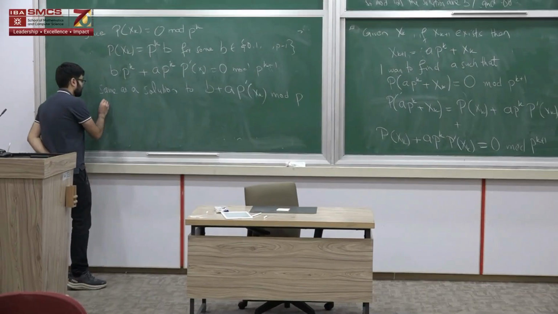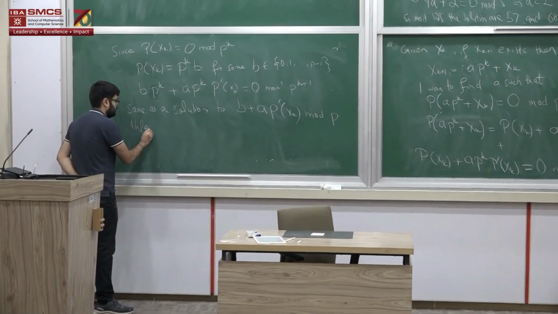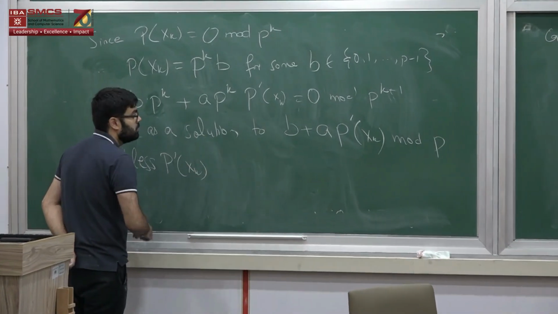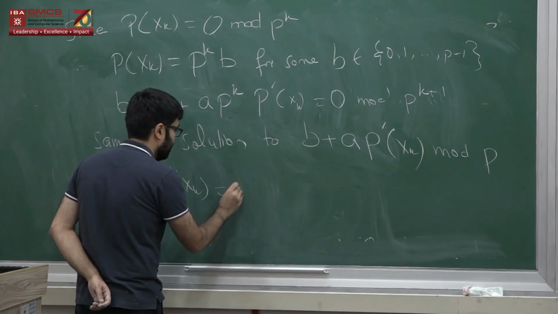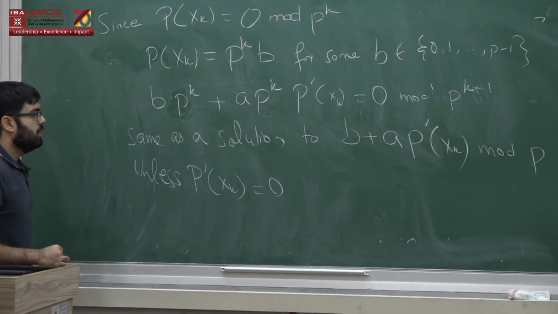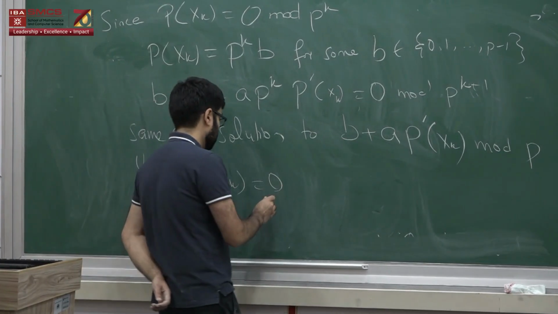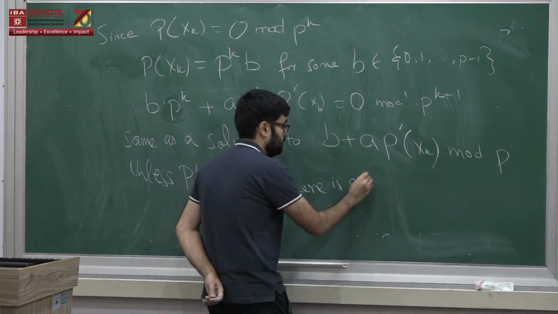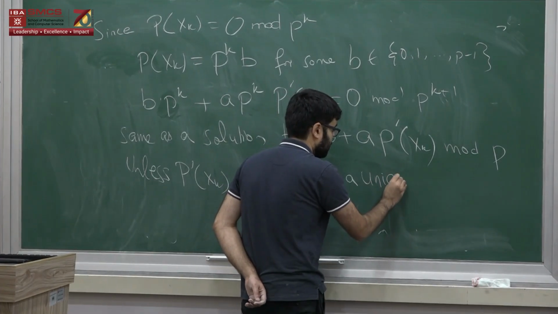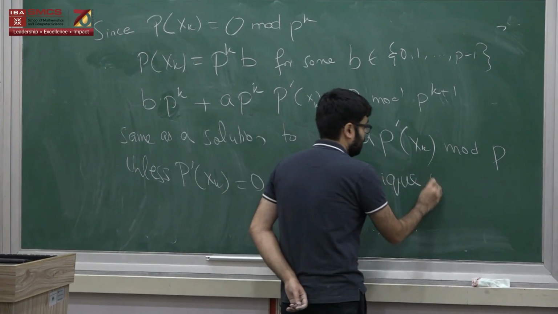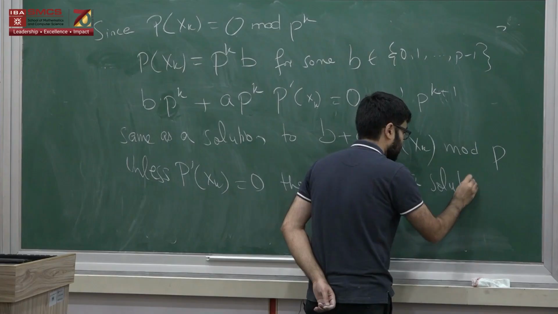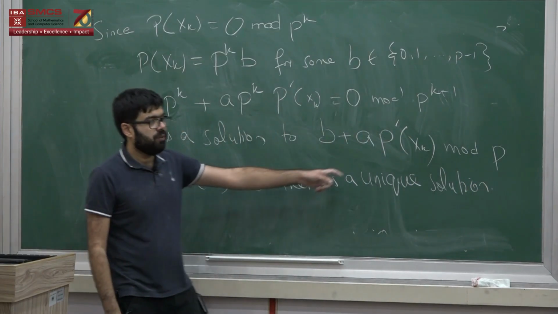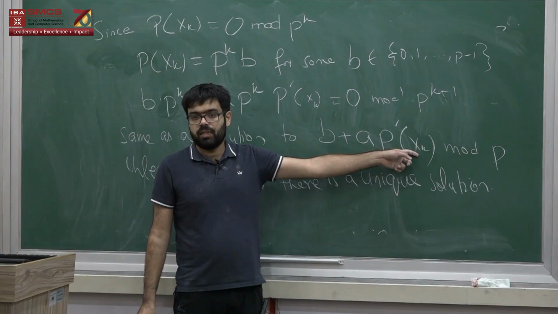So unless P prime of xk is 0, there is a unique solution, but if P prime of xk is 0, then the root was repeated.